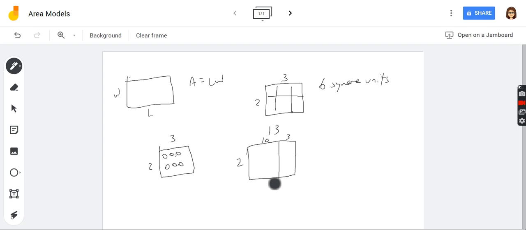So the area of this rectangle over here is 2 times 10, which is 20. And the area of this rectangle here, well, that's a 3 and this is a 2, so that's a 6. So my total area is 26. It's 20 plus 6, which is 26, and that's how I can do that.